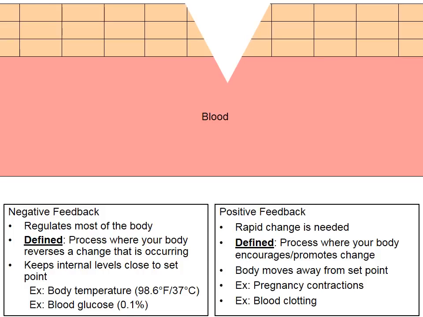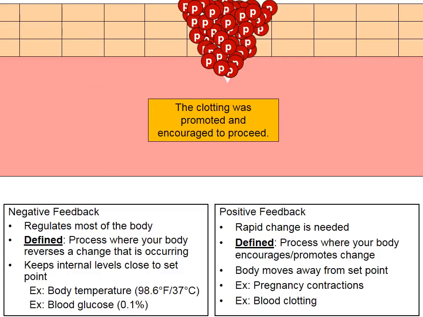Those damaged cells released a bunch of proteins that will actually attract platelets, and platelets are very important in stopping the bleeding. Then the platelets respond by releasing more proteins, which attract even more platelets, and then those platelets respond by releasing proteins, which attract even more, and eventually enough platelets close and fill in this injury where the person stops bleeding.